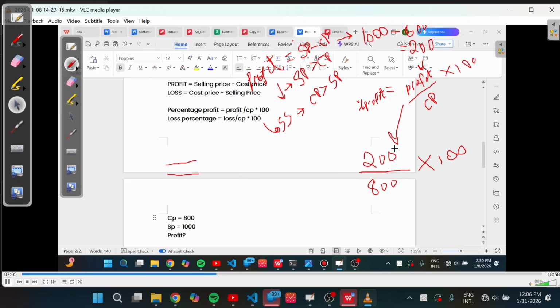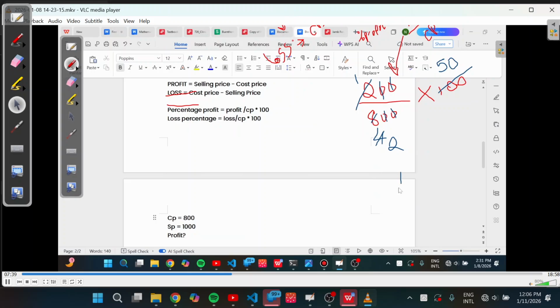So let me just use another color to show how to solve it without using a calculator. So all the zeros will cancel out except the 100 zeros. So now 2 in 8 will give you what? 4. 2 in 100 will give you what? 50. Now we can also say 2 in 2 will give you 1, and then 2 in 4 will give you 2. So our final formula is going to be half times 50.